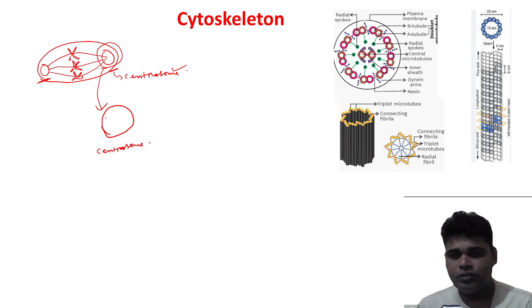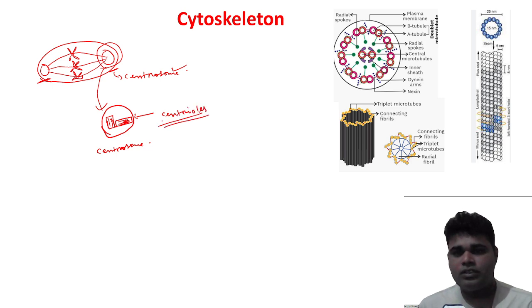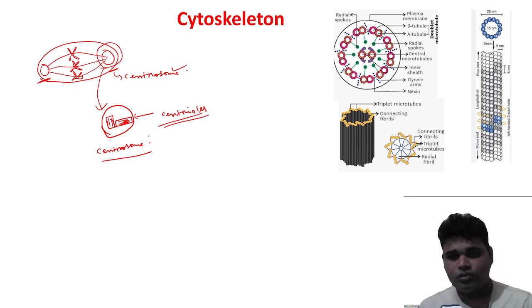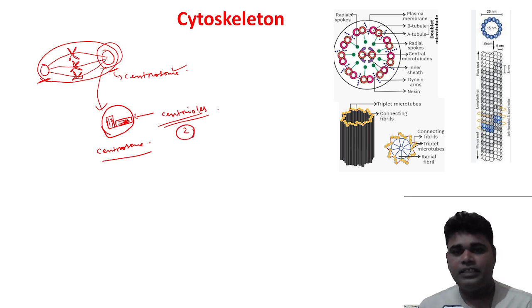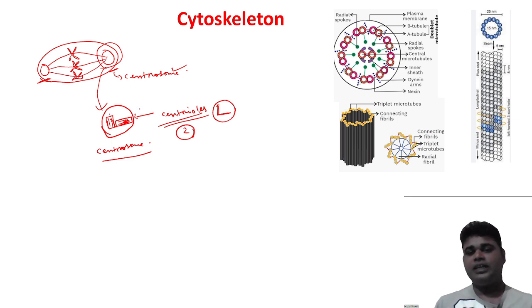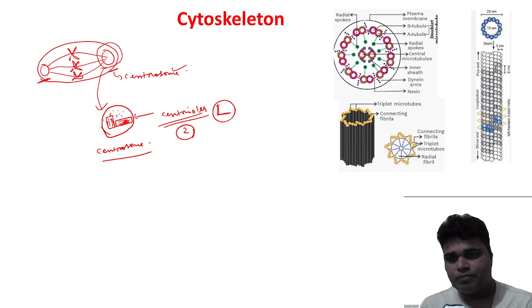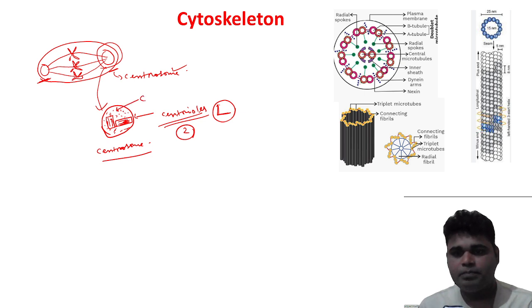In the centrosome, two centrioles are present, and they are present perpendicular to each other. So they are called the centrioles. Besides these centrioles, some amorphous structure is present, and it is called the PCM.